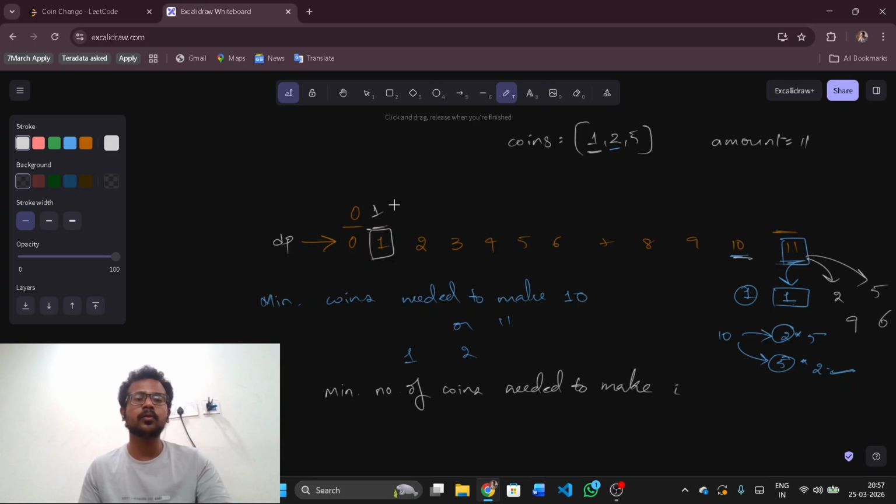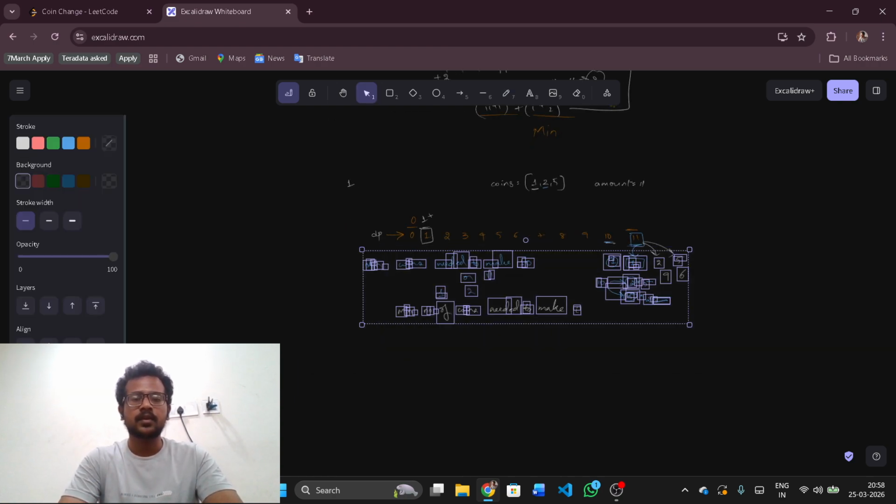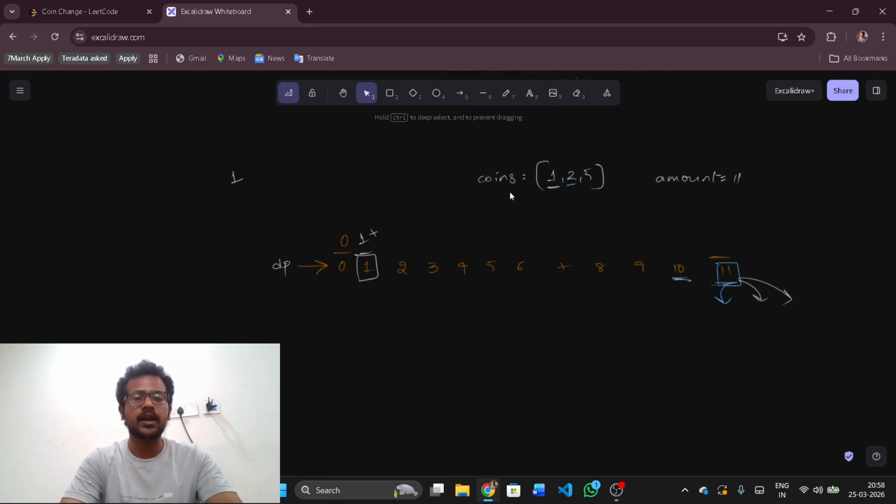That's the first scenario. If I take coin number one, what is the remaining? The amount I want to make is one. Let me push this all aside so that you don't get confused. So I have amount one, and I just took coin number one.